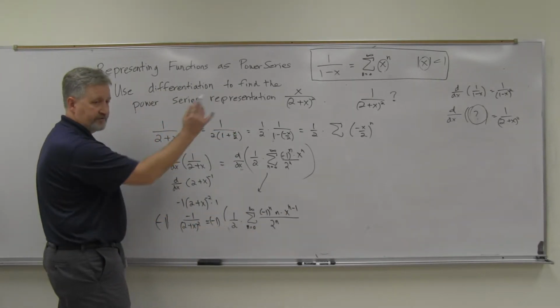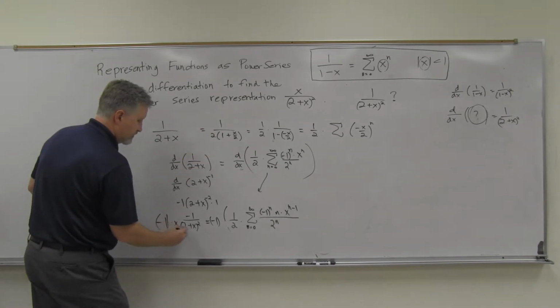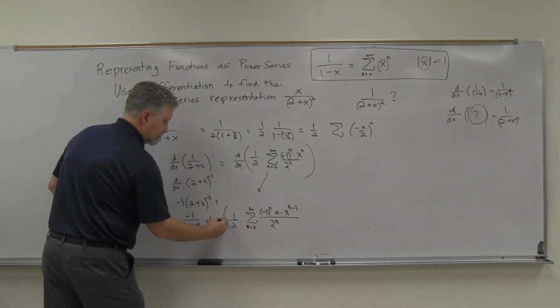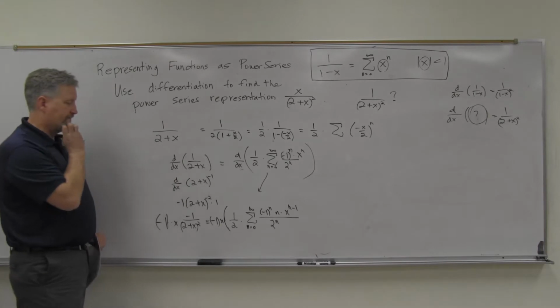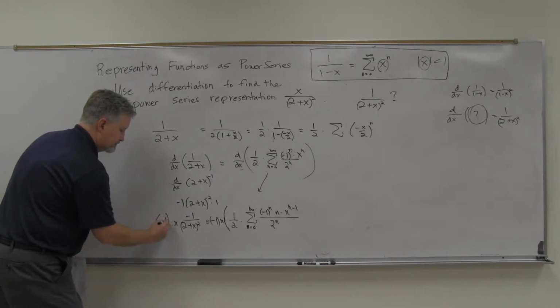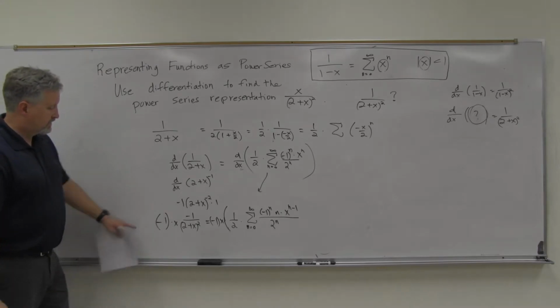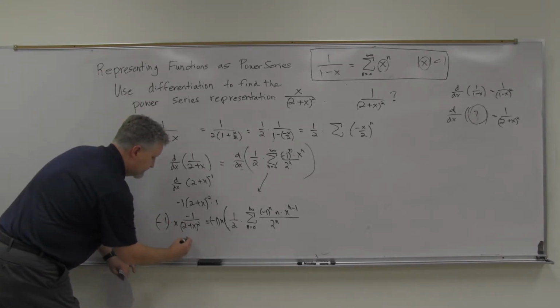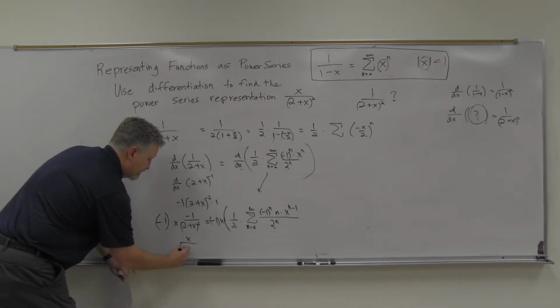And multiply both sides by x, don't I? Because that'll make that x over 2 plus x squared.